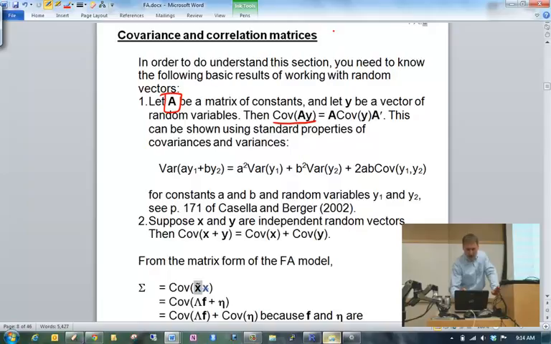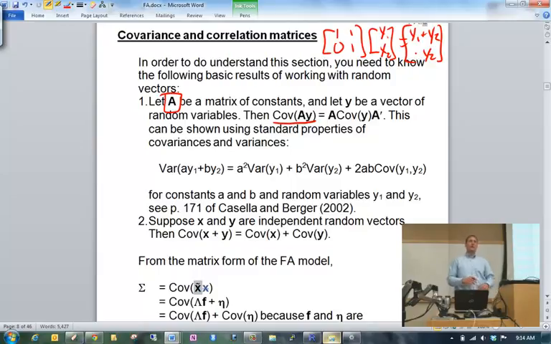For example, if I had A as 1, 1, 0, 1, and I take it times y1 and y2, I will have y1 plus y2 over y2 as the resulting vector. So this A allows you to find particular linear combinations of your random variables.